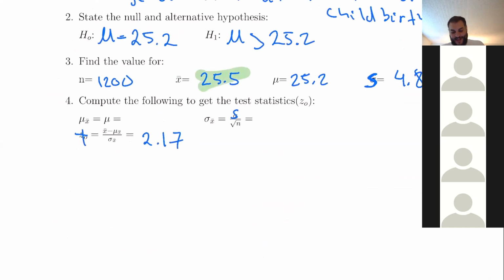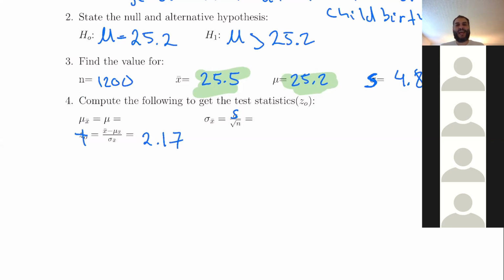will anybody really care if I tell you that the mean age when a mother first gives birth to their first child has gone from 25.2 to 25.5? Do you think that will be a practical significance where people will actually care about that age?